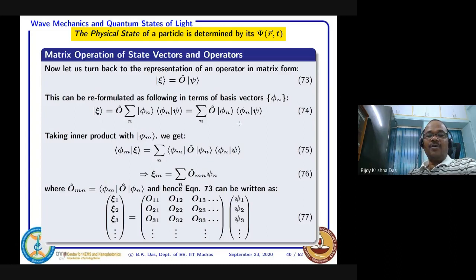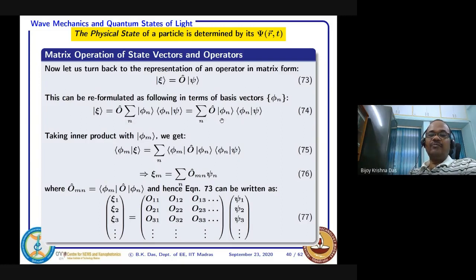Now I want to get a certain matrix format. These phi n are basis vectors, n equal to 1, 2, 3, 4, and in between I designate one number as m. Now I take the inner product with phi m on both sides.